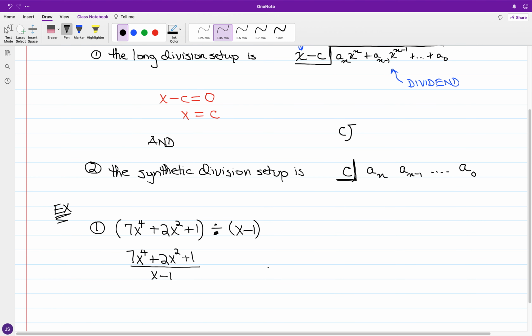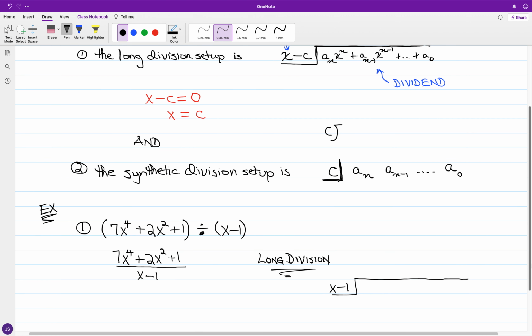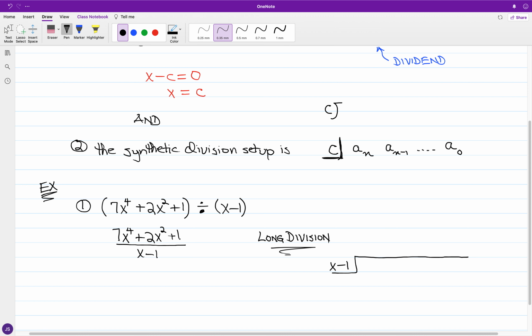Now, taking the approach of long division, your divisor is going to be x minus 1, and for the dividend you have 7x to the fourth plus 2x squared plus 1. I want all the degrees in x represented, from fourth order on down to the constant.